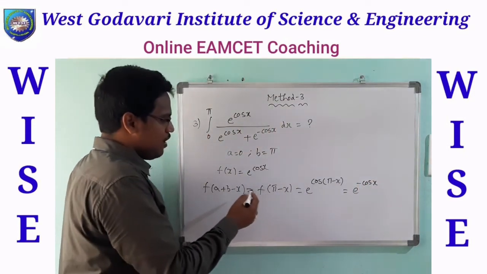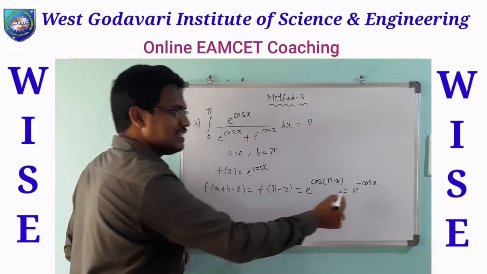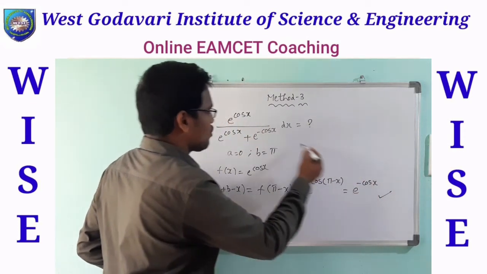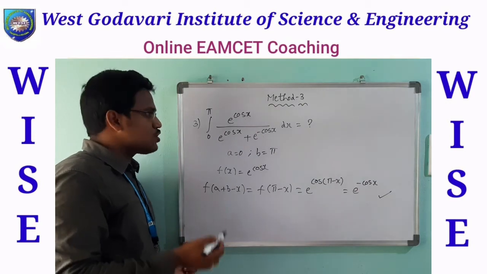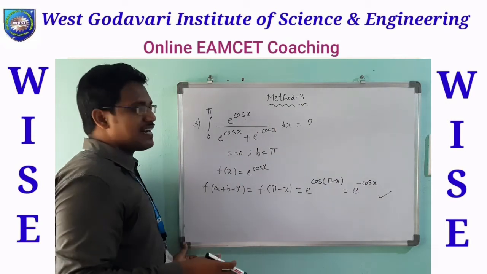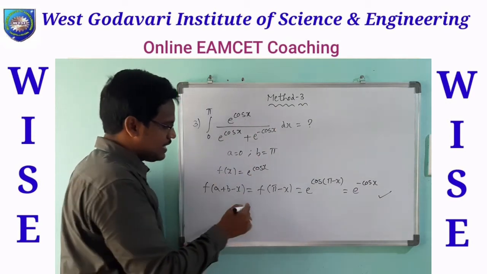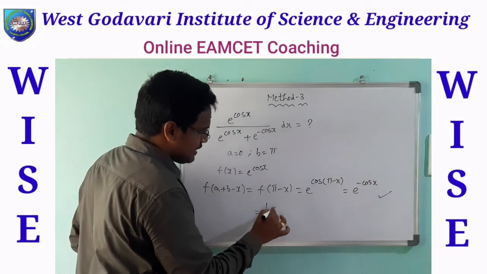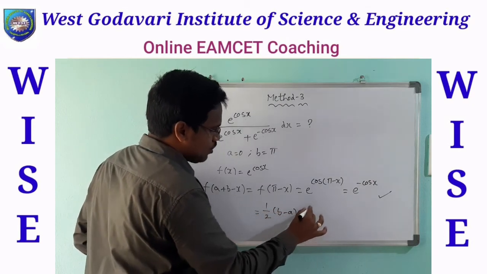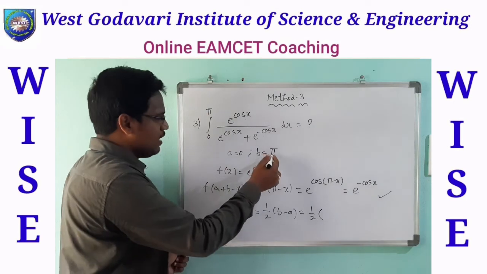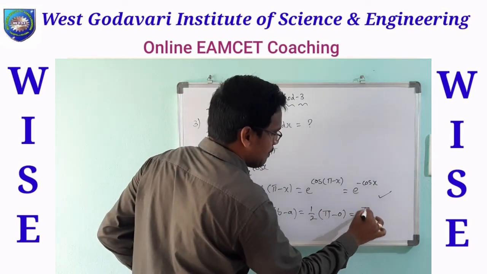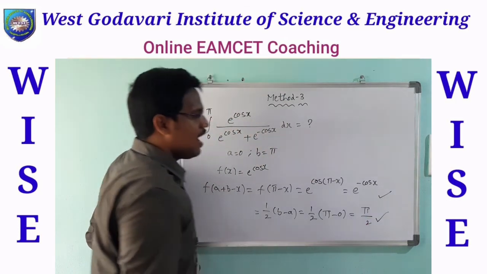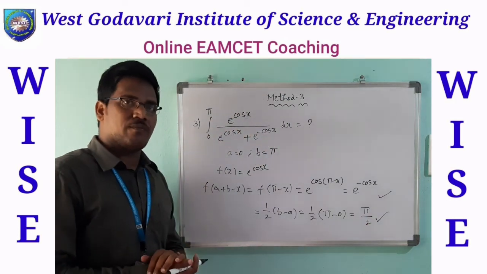So f of a plus b minus x, that is equal to e power minus cos x, is suitable for the denominator also. So directly we can substitute in this format, that is 1 by 2 of b minus a. So here b is pi, a is 0, that is pi by 2. So directly we get the answer for this question.